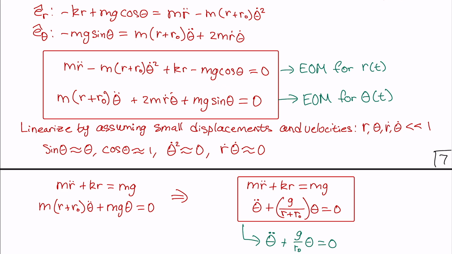If they were decoupled, there would not be a theta in this equation. And down here, we've got r here, we've got r dot here. If they were decoupled, we would not have r in the second equation. That's what coupling is. What it implies is that the radial displacement is dependent on the angular displacement, and the angular displacement is also dependent on the radial displacement. Okay. Any final questions?